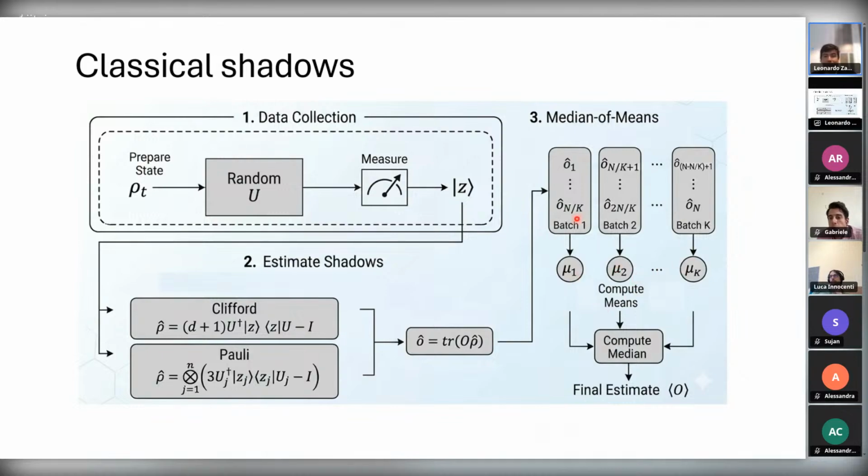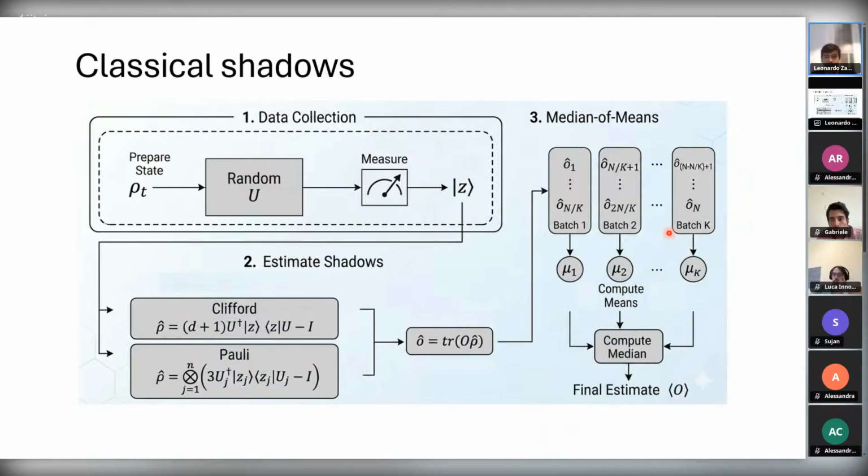Then if we have one outlier inside these means, the median will see it, and this gives us a highly robust final estimate. This works perfectly for IID settings, because the median of means needs this IID assumption.